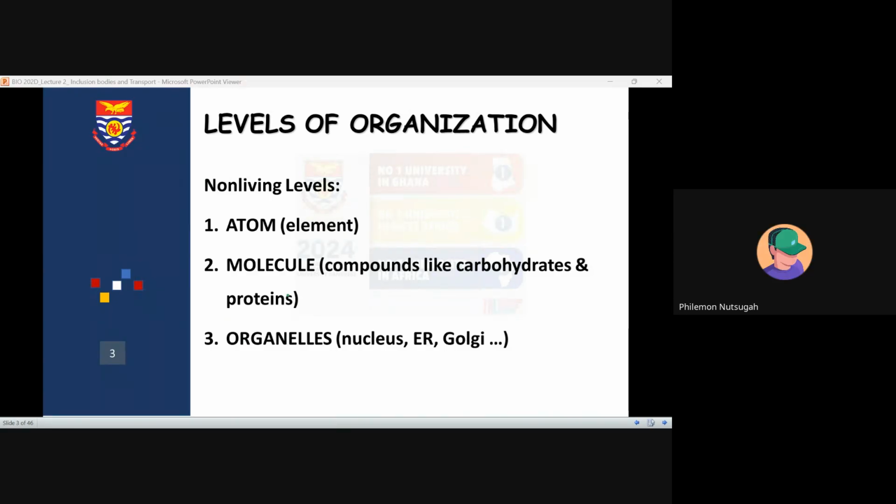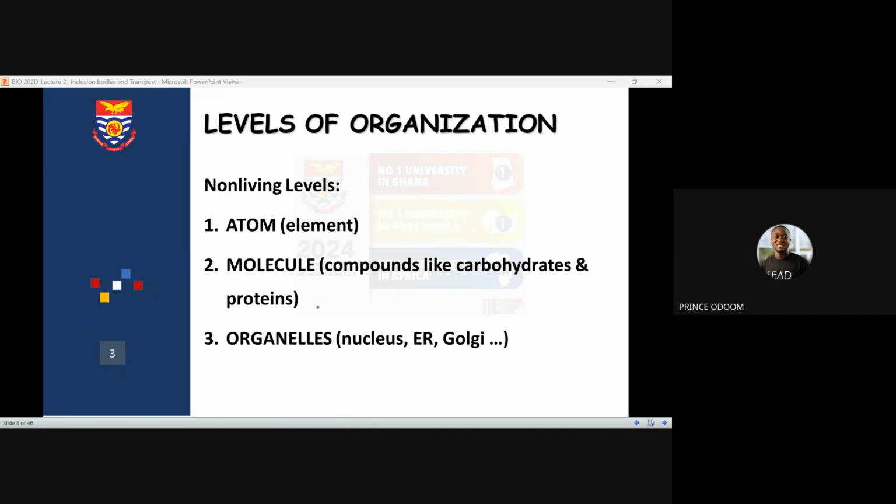An atom is the basic unit of an element that can take part in a chemical reaction. Okay, thank you very much. So an atom is simply the basic unit of an element that can take part in what? In chemical reaction.